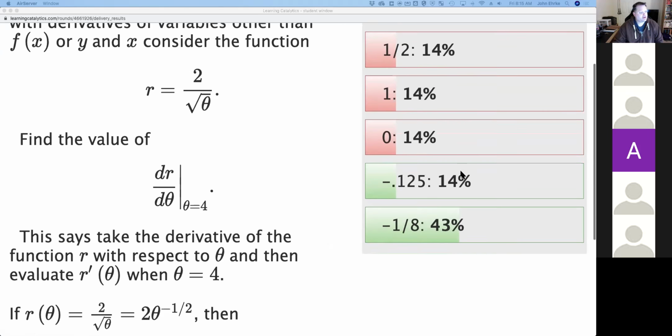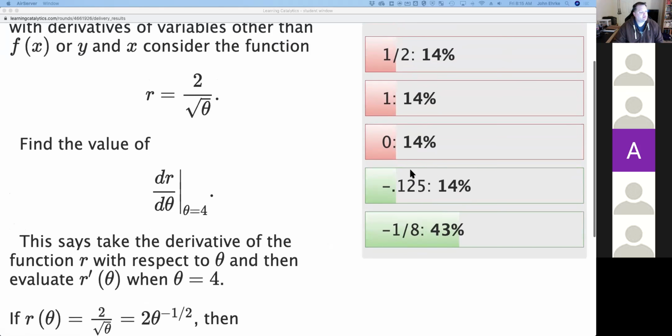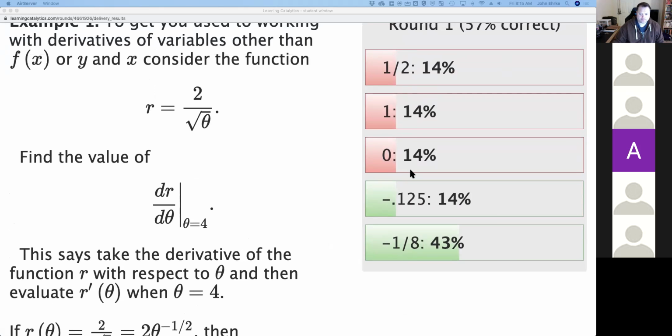So the correct answer is -1/8. Let's take a look at it.